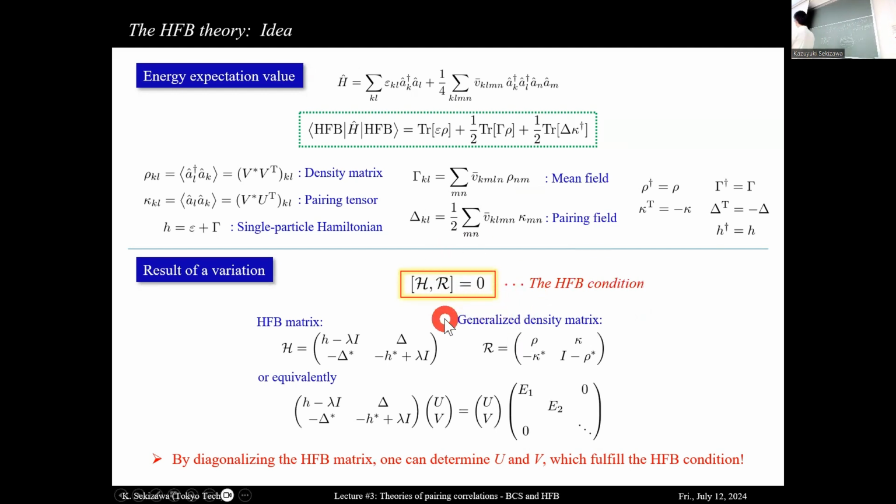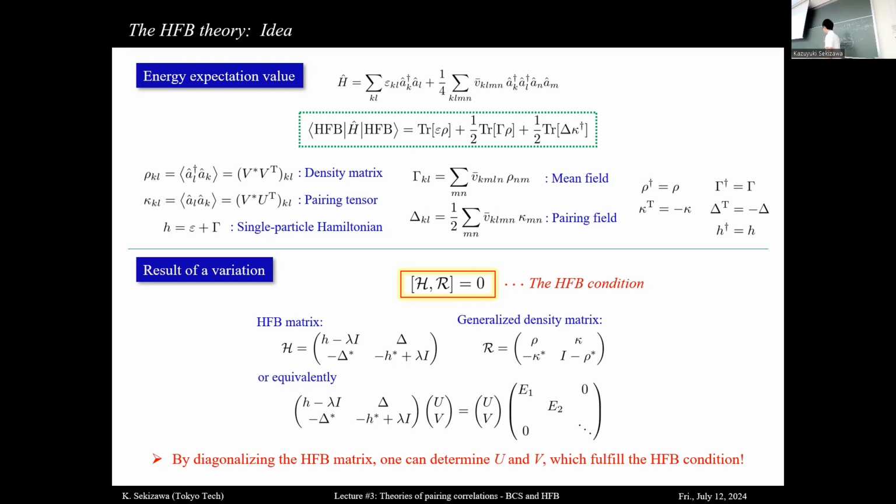So yeah, so far I didn't explain the Hartree-Fock theory in second quantized form, but in the case of Hartree-Fock theory, it will be very similar. It will be just something like this.